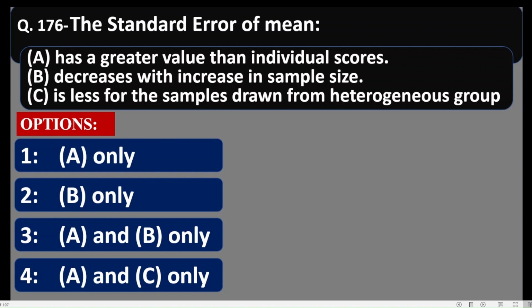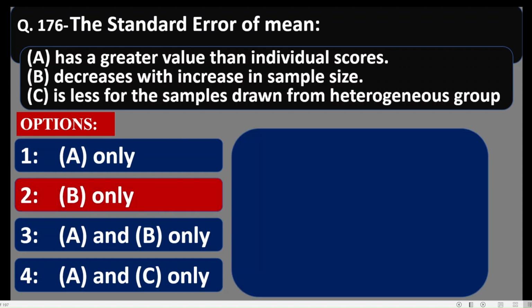Second one is standard error of mean decreases with increase in sample size. Yes, it is true. Third one is the standard error of mean is less for the samples drawn from heterogeneous group. It is false. If heterogeneous group is there, then standard error will be more because it depends upon standard deviation and sample size. So correct option is B only.